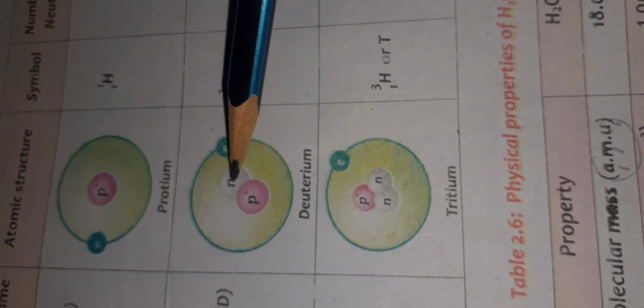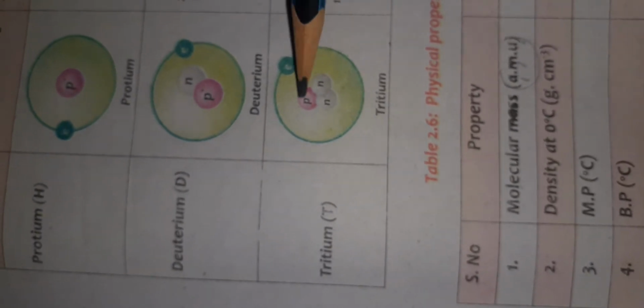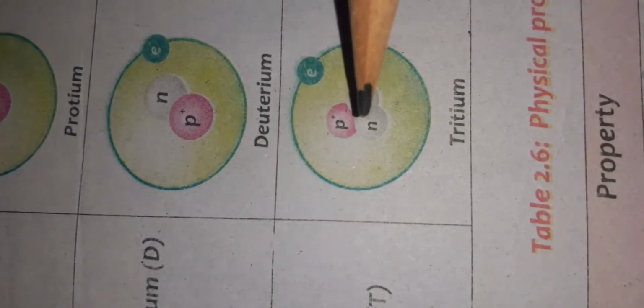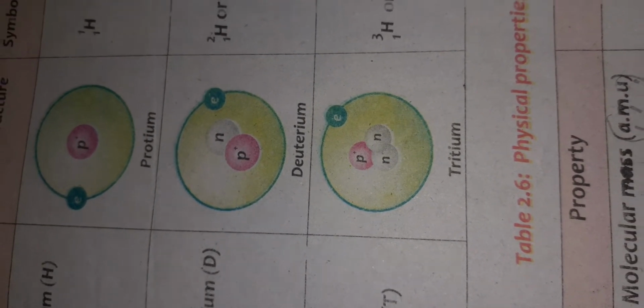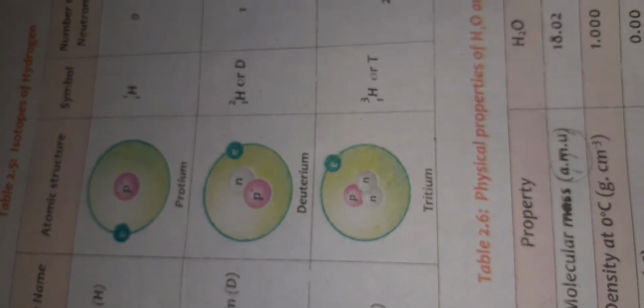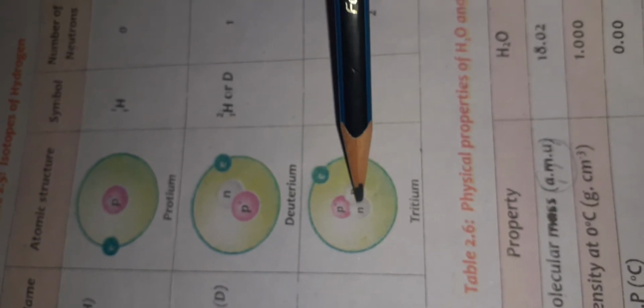Proton and neutron will be added, so it will give you 2. The number of neutrons is 1. 0.015 is the abundance. In the case of tritium, there are 2 neutrons and 1 proton. What will be the mass number? The mass number is 3. How many neutrons are present here? There are 2. What is the atomic number? That is 1, and it is a very rare isotope, right?